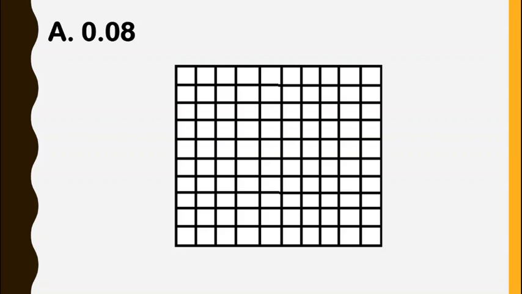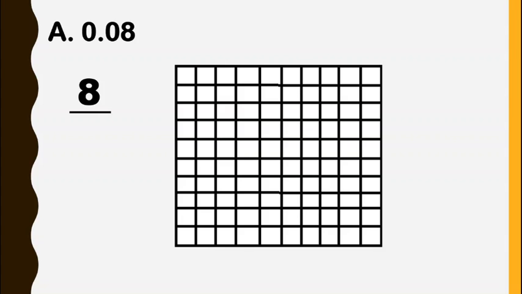Let's start. Let's have letter A. We have 0.08. Next to your decimal point, 0 is what we call our tenths, and 8 is our hundredths. So the digit there is 8, so that would become your whole number over, again, what is the place value of your 8? That is hundredths.